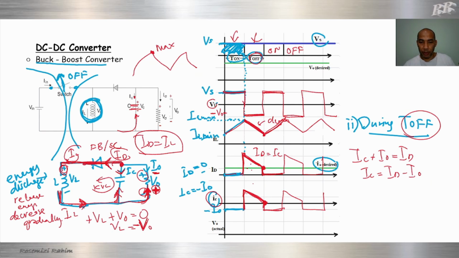This part is charging. It will charge during off, when it will receive current from IL. This means the capacitor will charge during switch off, so here is charging until here, maximum charging.